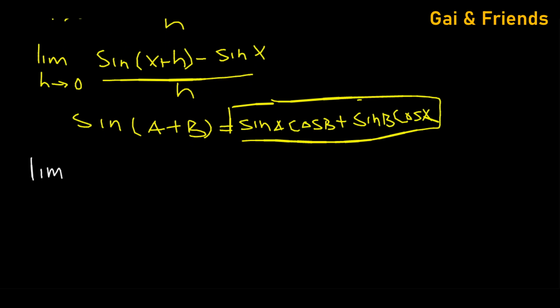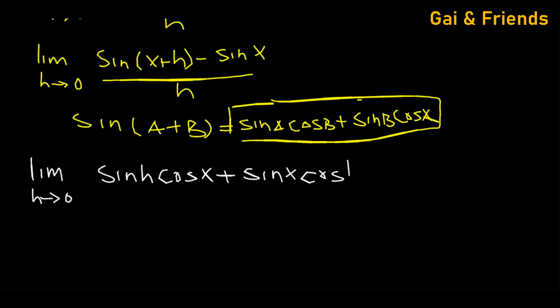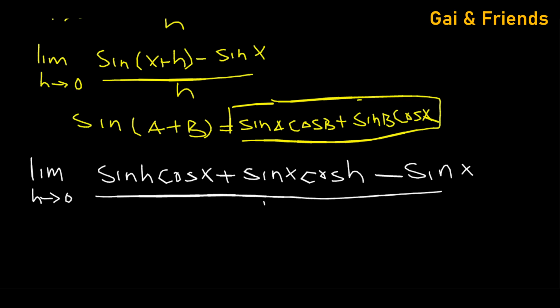limit as h approaches 0 of sine of h cosine x plus sine of x cosine h minus, you don't need to forget this, minus sine x, all over h.